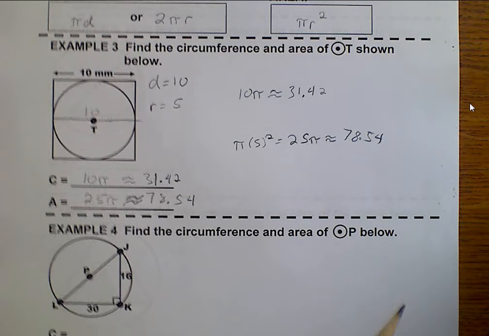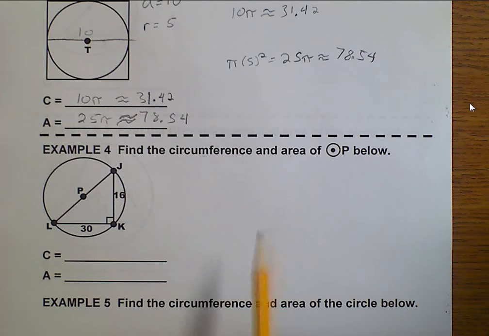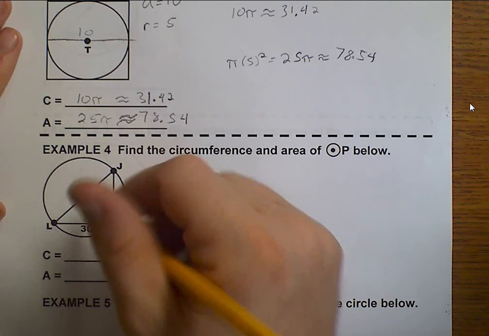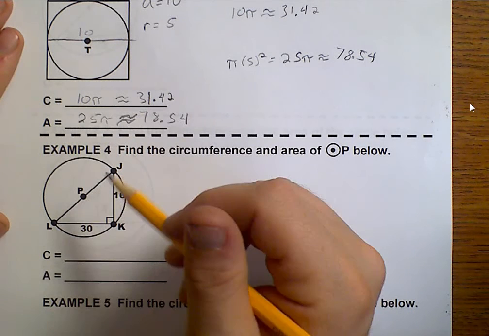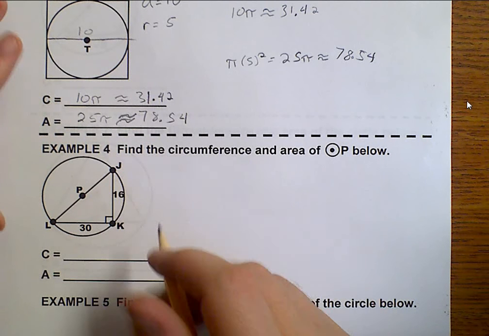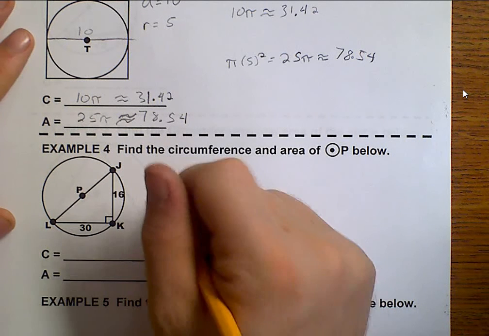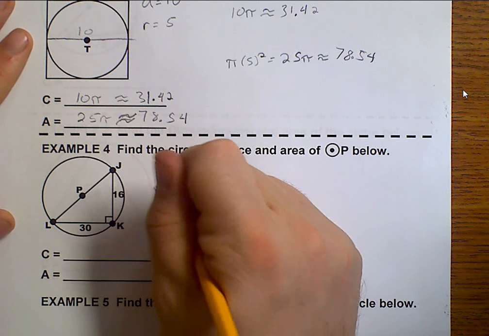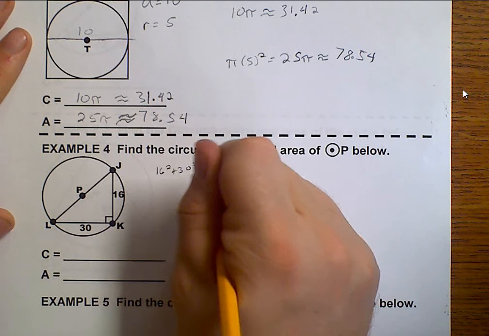Moving on to example number 4. We have circle P. Well, here I have a right triangle, which means the hypotenuse is my diameter. Use good old Pythagorean theorem. 16 squared plus 30 squared equals c squared.